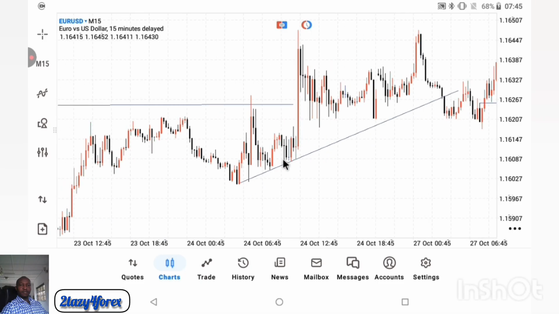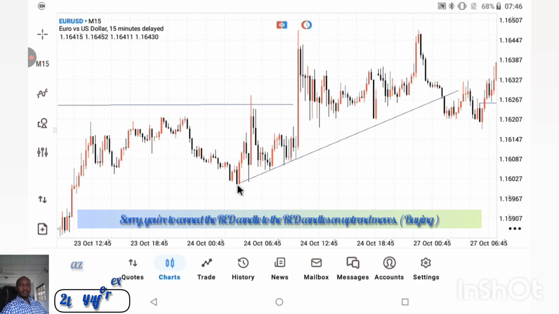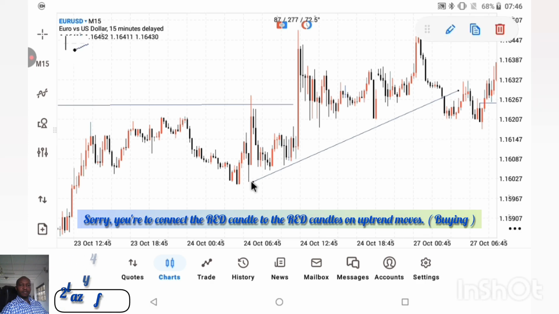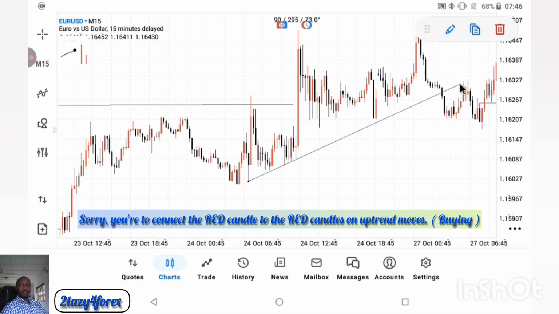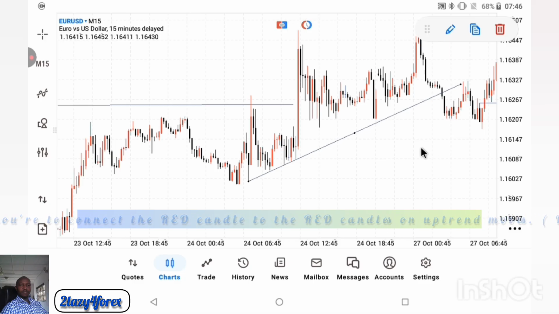So this is the highest black candle there. So you start marking your trend lines again. You look for black, you place it here. Place it here, look at it.